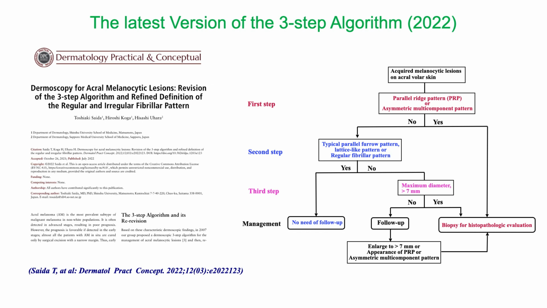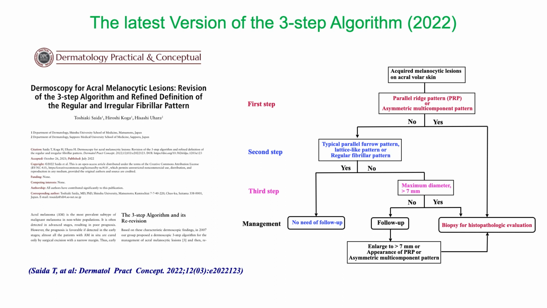The second step is evaluation of the presence of the typical benign patterns. If a lesion shows one of the benign patterns or an orderly combination of them, no further follow-up is necessary because benign acral nevus has no risk of developing into melanoma. The third step is measuring the size of the lesion.